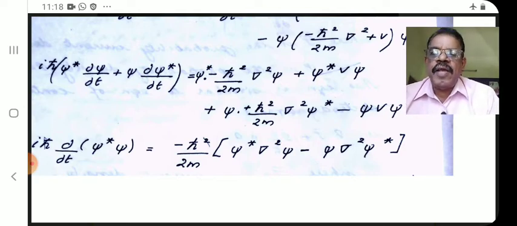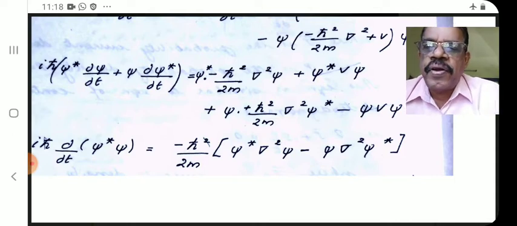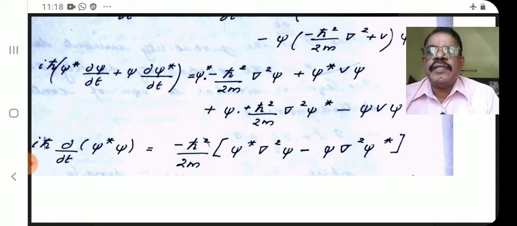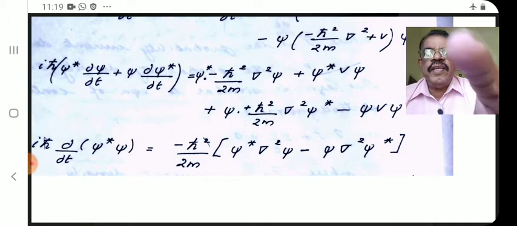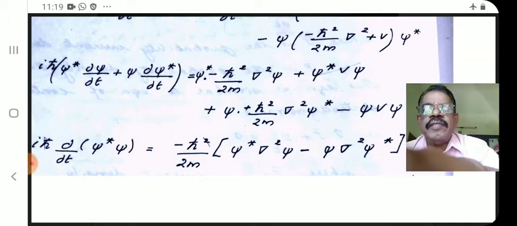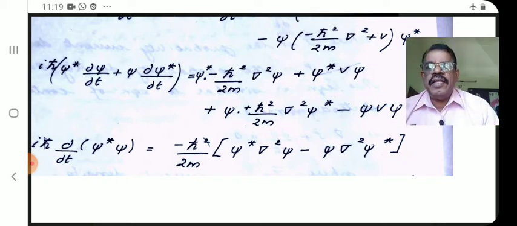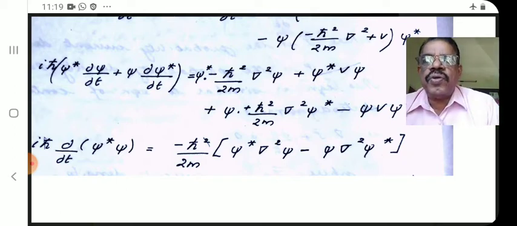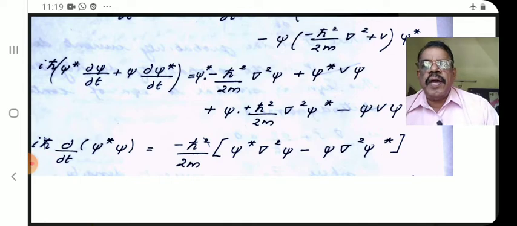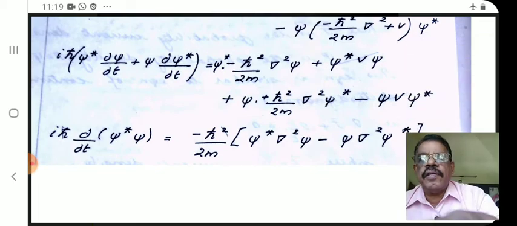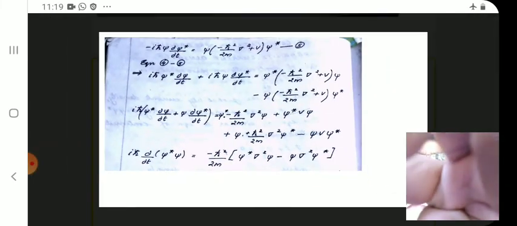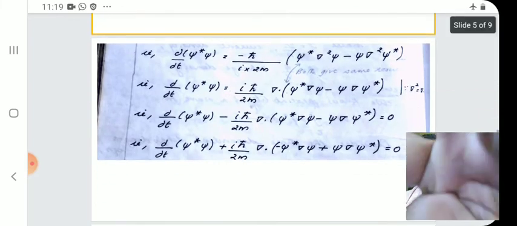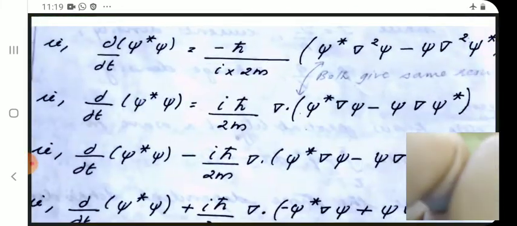If V is coming, they will cancel. Since del square is coming, the two terms will not cancel even though they are plus and minus. You remember, previously when V was coming in between psi and psi star, we cancelled plus and minus. Here, del square is coming, so we cannot cancel them. Del square will change the state of psi. I think it is clear. And now we again see the step.